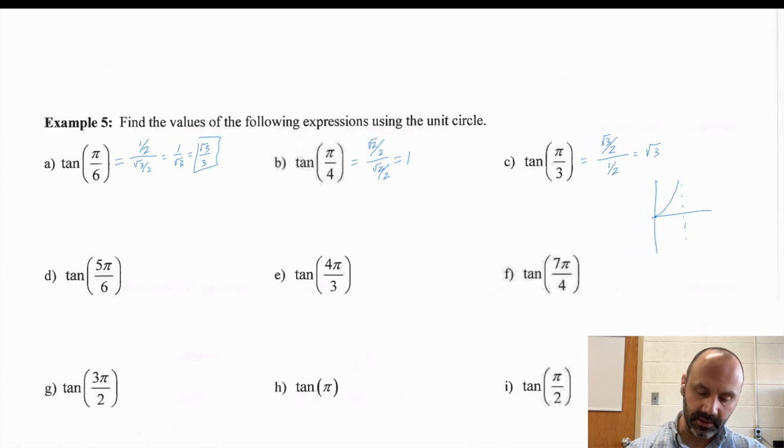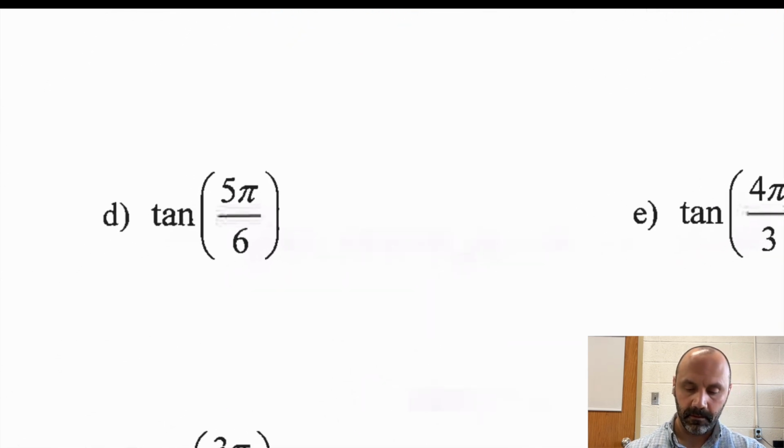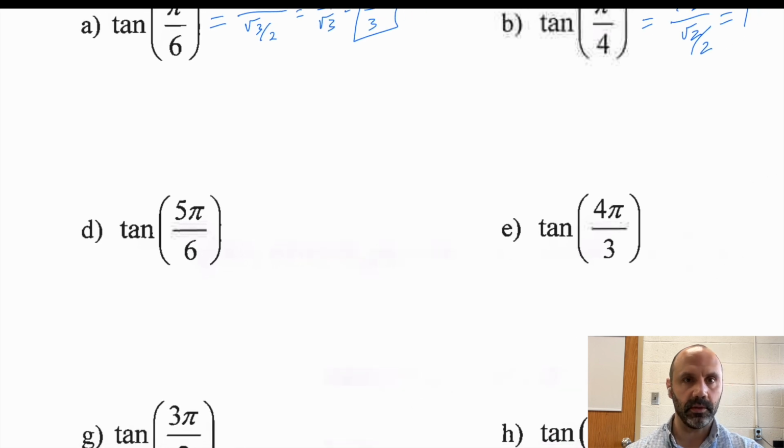All right, tangent of 5 pi over 6. So where is this on the unit circle? Well, if it was 6 pi over 6, that would be pi, that would be the 180 degrees. So this is 180 minus 30 degrees, just 180 minus pi over 6, or pi minus pi over 6. Really mixing the degrees and the radians here, but that's how it's worked for me to be able to think about it over the years.